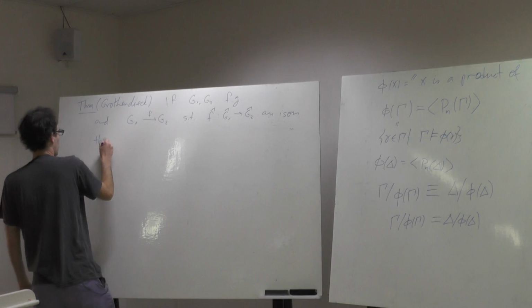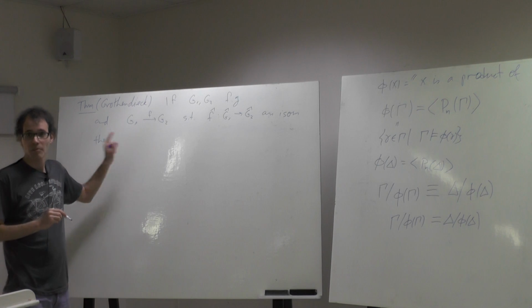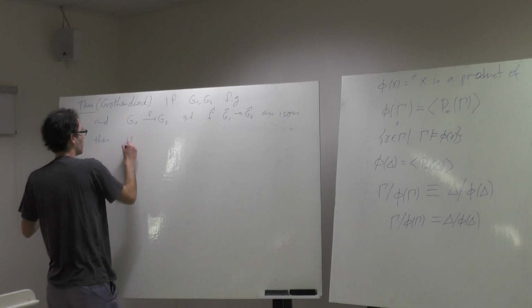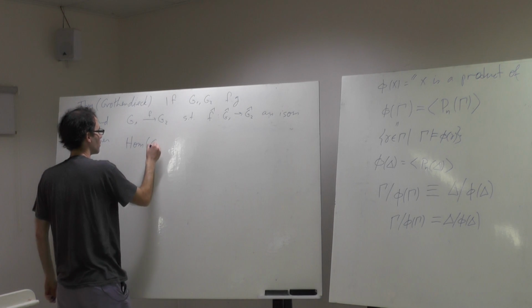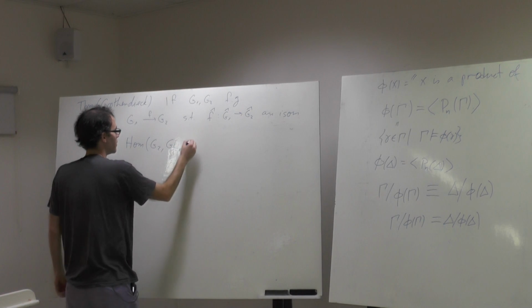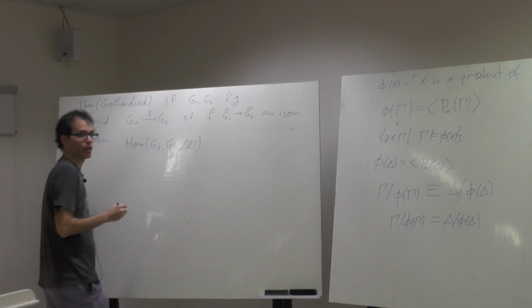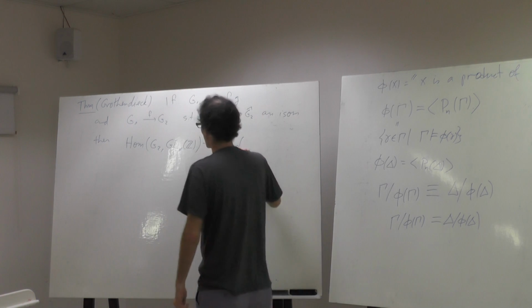then, so it doesn't mean that they are isomorphic yet, but it means the following: any homomorphism from G2 to GLN-Z, you can restrict to a homomorphism.